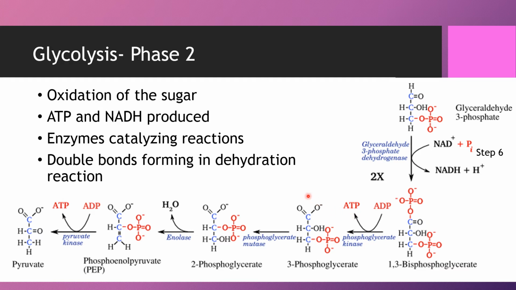So then as we move on down, in step 8, we're using this phosphoglycerate mutase enzyme. It's to move the phosphate group to produce that 2-phosphoglycerate, pushing forward into that step 9, right over here, where we use that enzyme enolase, and it catalyzes the reaction, causing that 2-phosphoglycerate to lose a water as a dehydration reaction.